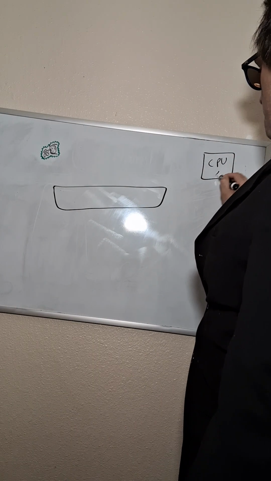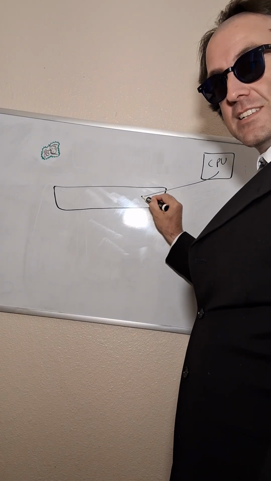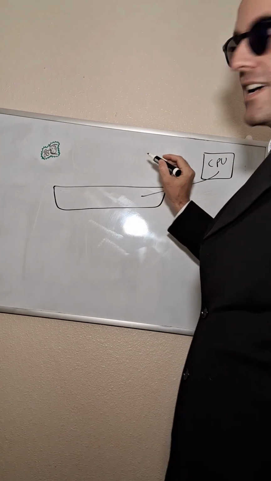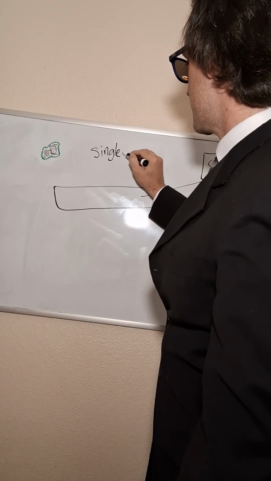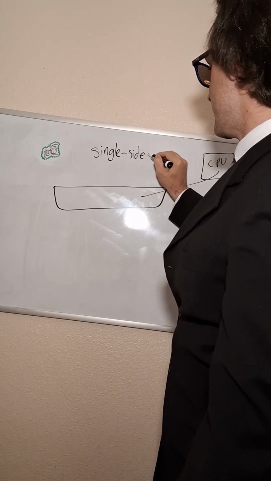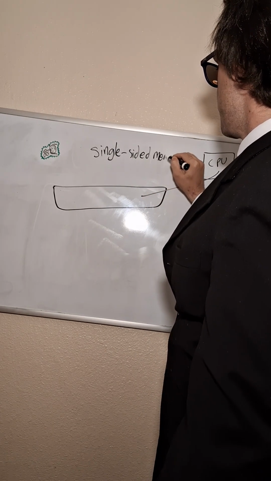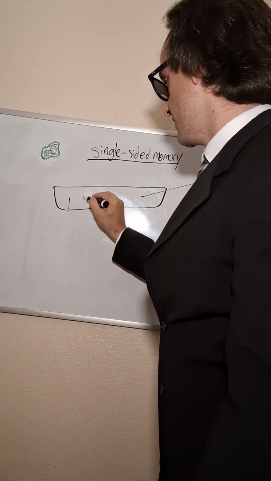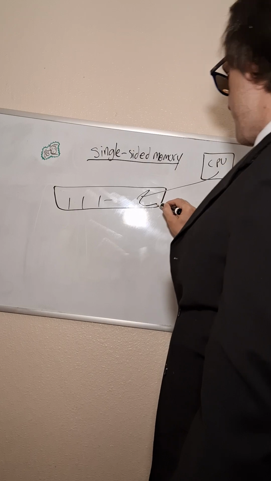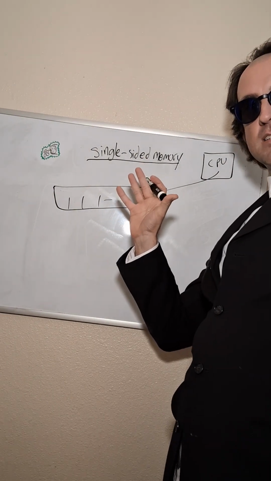Boom! It gets it right away because it's all on the one side, because this is single-sided memory. You have the little memory stick. Bam! It takes it all at once.